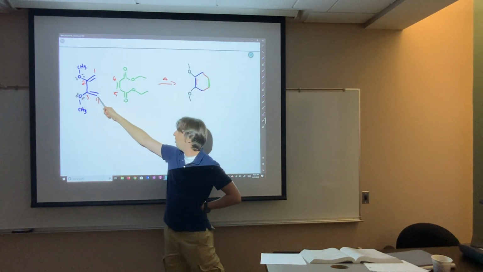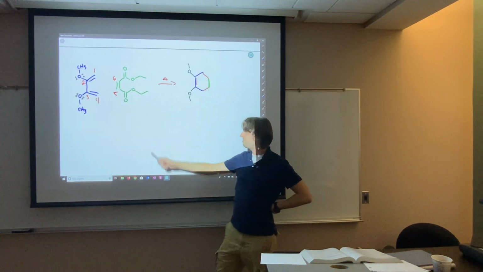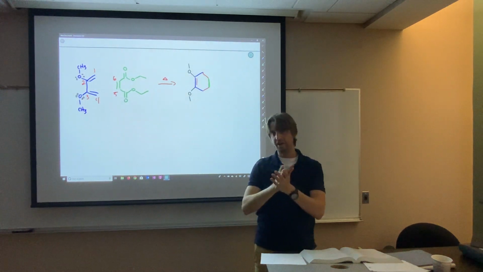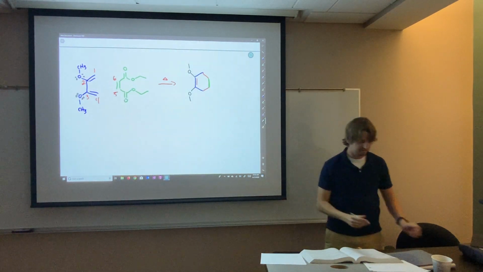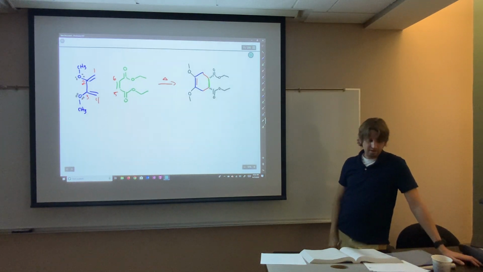Carbon 4 again only had hydrogens coming off of it, so we don't have to worry about that. For 5 and 6, I have to go back and put my 2 esters. They started out cis, so I better make it cis, okay? So here, here, here. Boom. All right, fantastic.